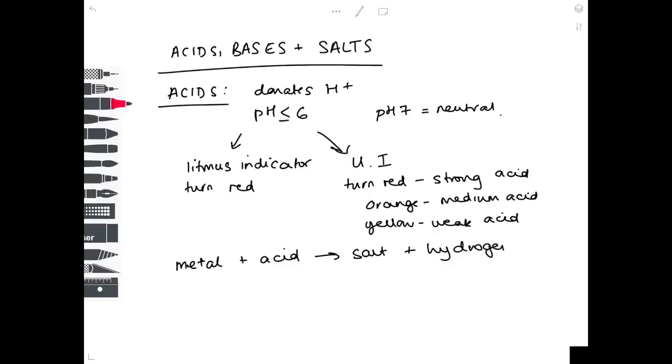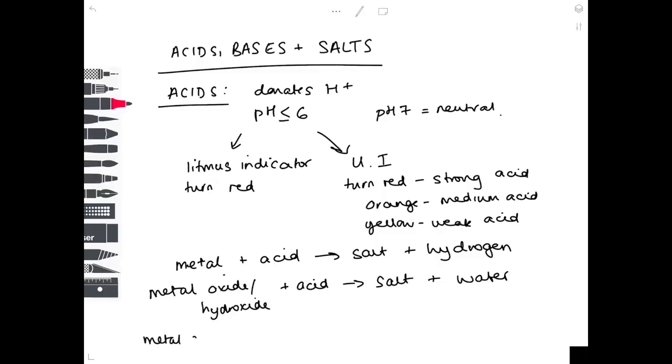I promise I'll show you examples including actual metals. If you have either a metal oxide or hydroxide plus an acid, you produce a salt plus water. And then lastly, metal carbonates plus acids form a salt plus water, and the carbonate indicates that you'll produce carbon dioxide.